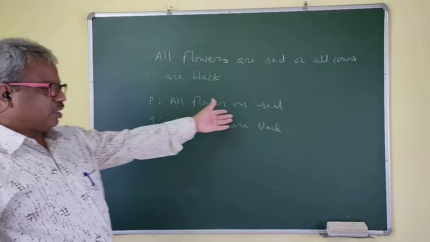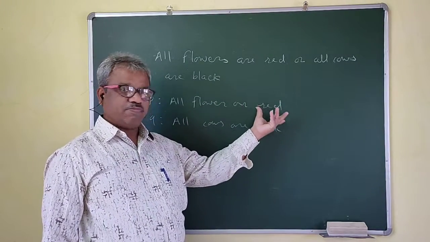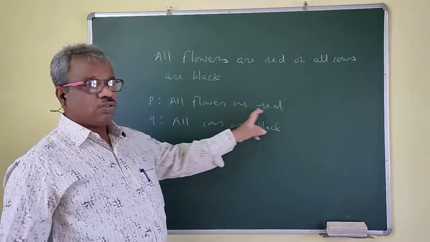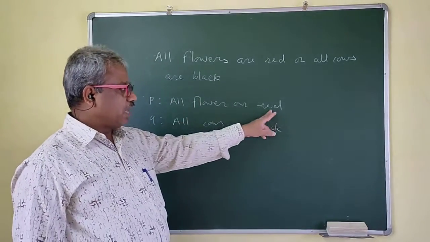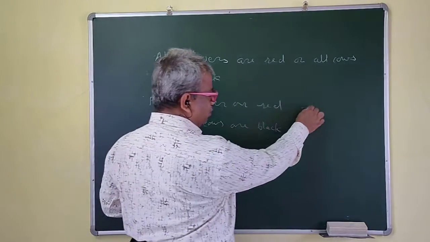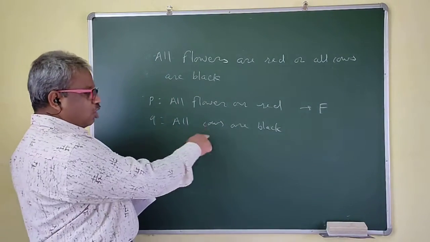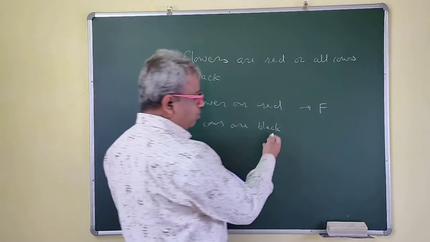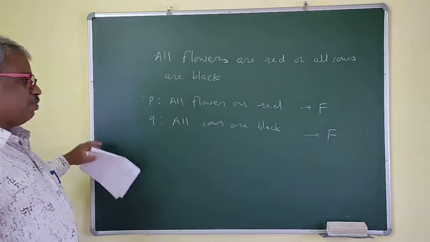All flowers are red. Now there are some flowers that are white, some flowers that are pink. That means not every flower is red; some flowers have a different color. So the truth value of this statement is false. All cows are black. That is also false, since some cows are white. The truth value of this one is false.